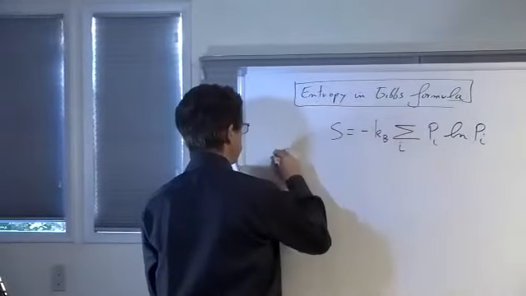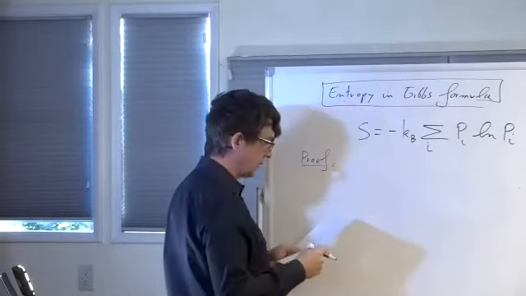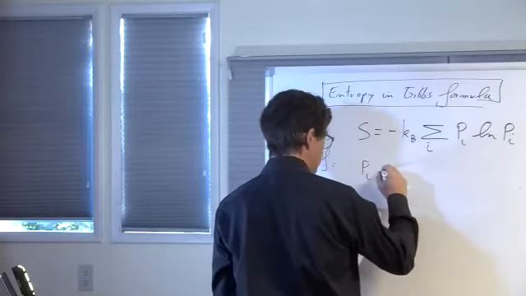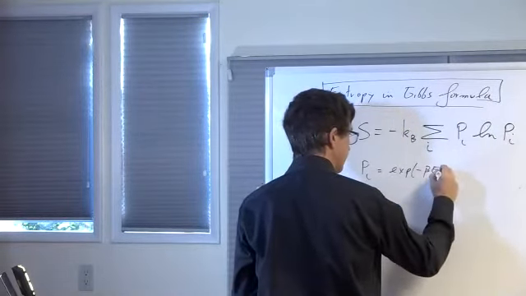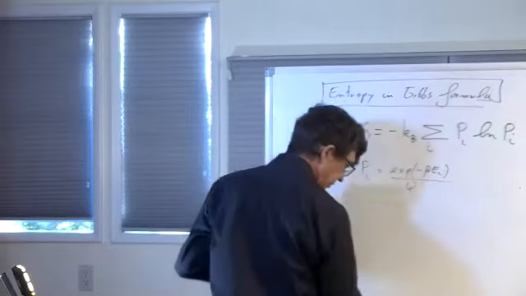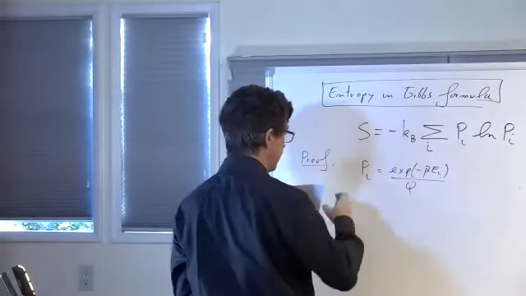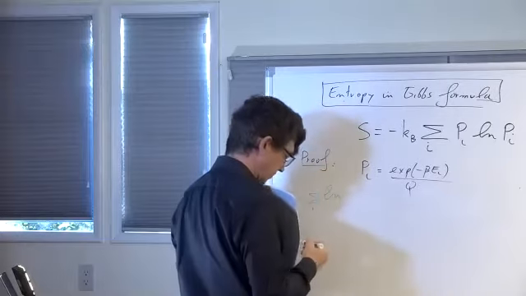So the proof: I'll take that equation. I'll start with what actually p_i is. p_i is the exponential of minus beta E_i over Q. I'm going to take the log on each side.